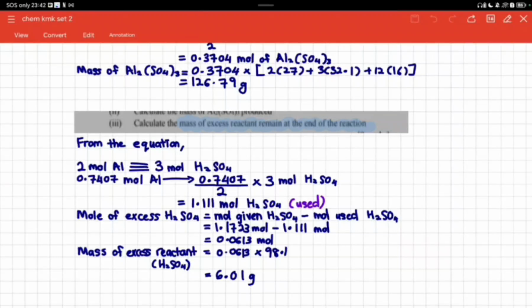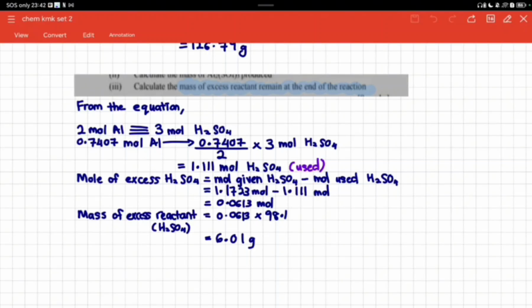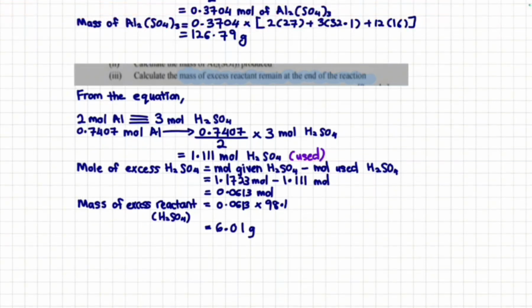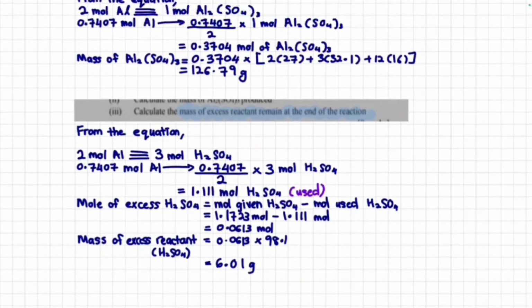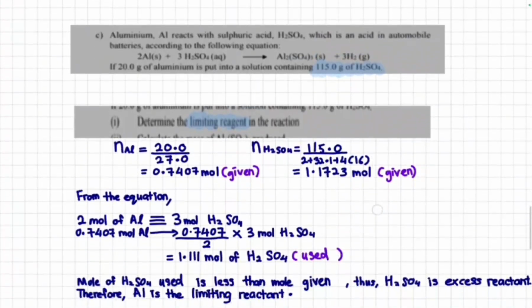So this is the number of moles used. Now we need to calculate the moles of excess reagent, which is sulfuric acid. How we calculate it is the moles given of sulfuric acid minus the moles used of sulfuric acid. The moles given that we calculated in the first question is this one.